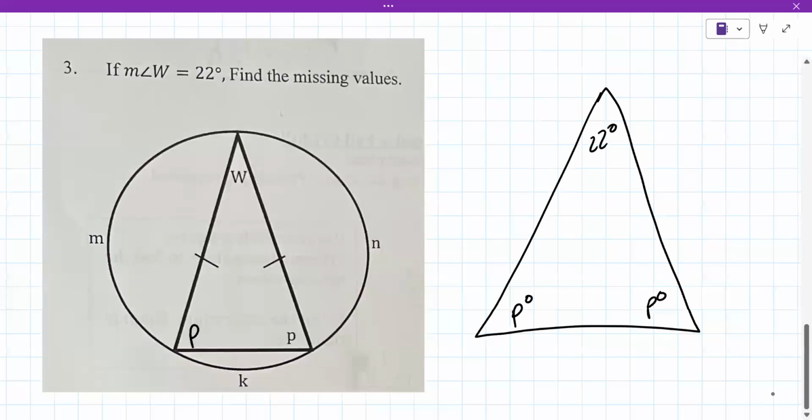What is the sum of the interior angles in a triangle? What do they add up to? It's in the box on the right there, the right side of the paper.